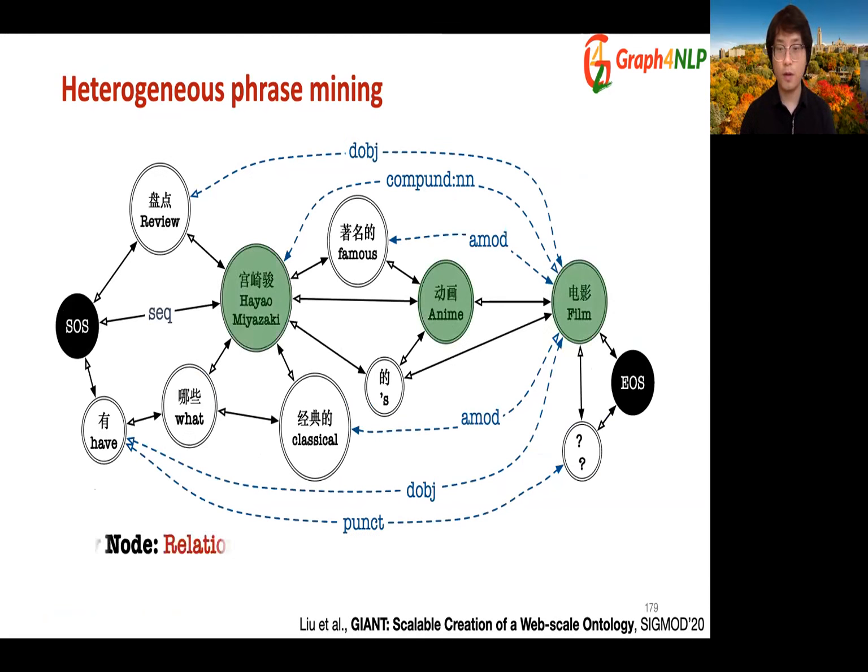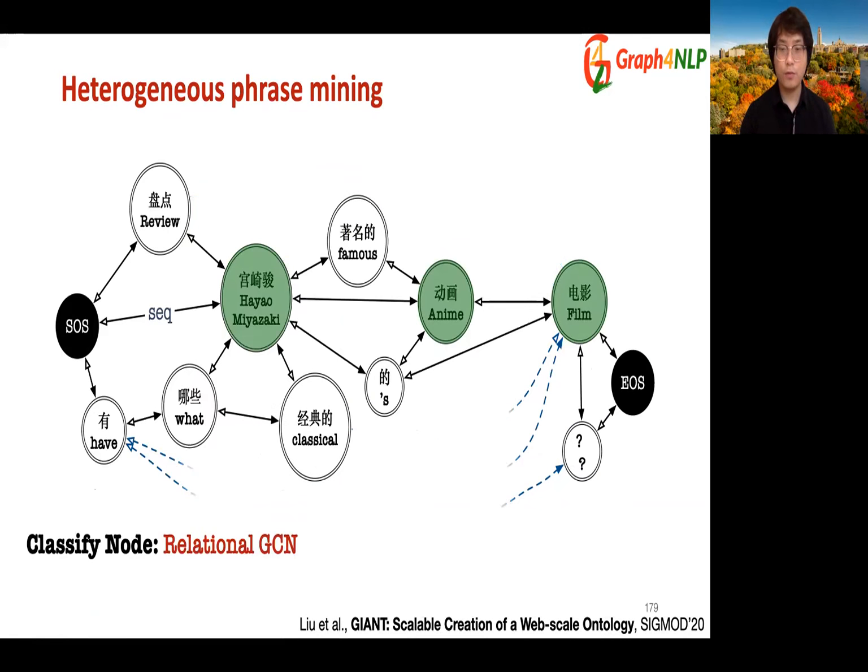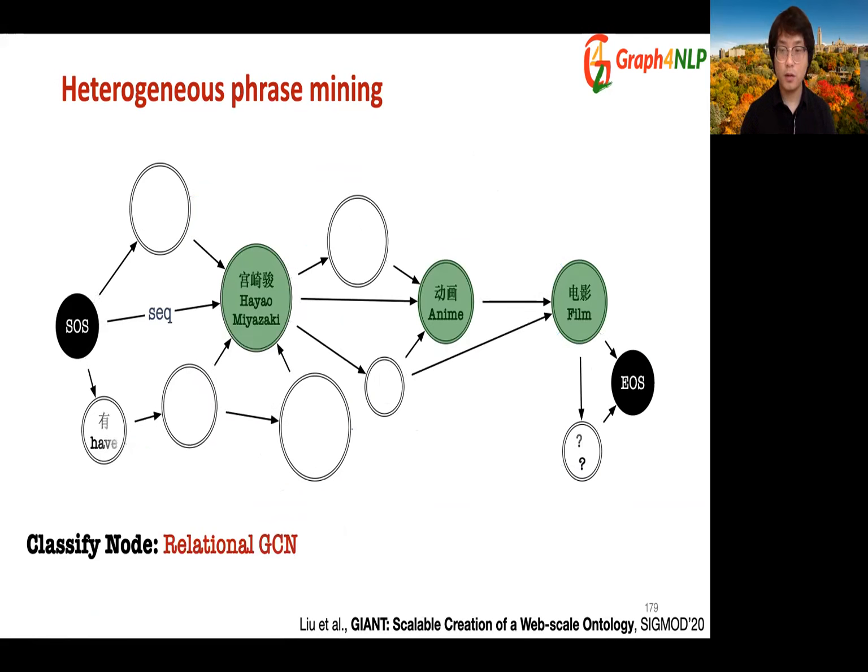First, we perform node classification with a relational graph convolutional network. Basically, it's a binary classification. Then we remove all the non-sequential edges, and we remove the backward edges of the sequential ones. We only keep the forward direction edges. For the other nodes, we don't care what the words exactly are.